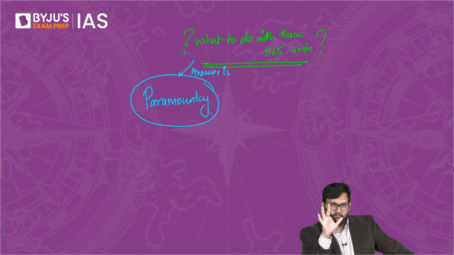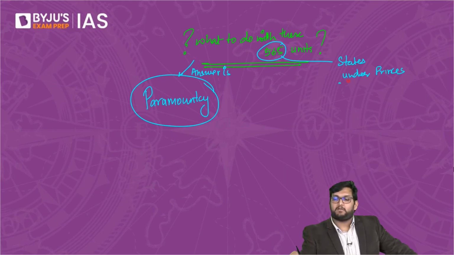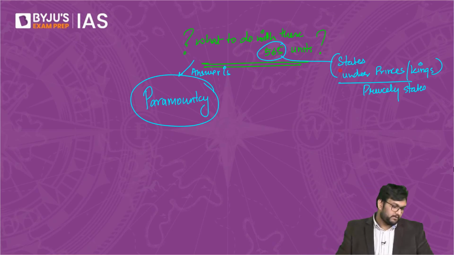All are princely states. I'm coming to that, Suvarna. These 565 are basically states under princes. That is why they're called princely states. They're under princes, they're under kings. Basically, they're under someone.